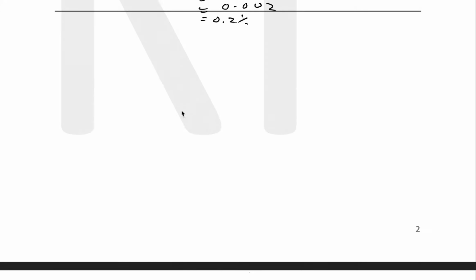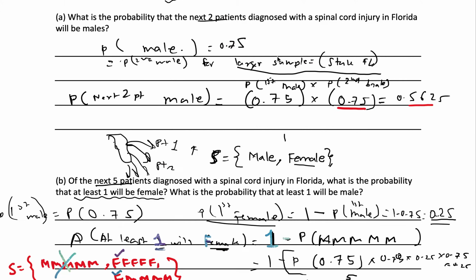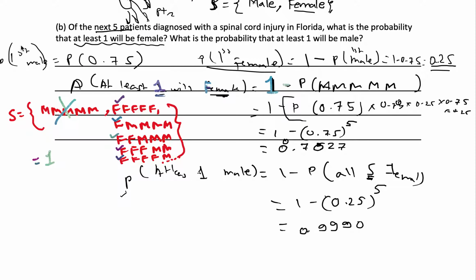That's given in the question stem right here, 75%. So we are going to apply that. That's nothing but the probability of the first person being male and the second person being male and the third person being male and the fourth person being male and the fifth person being male.